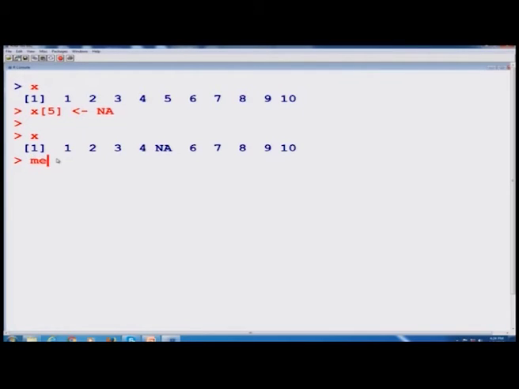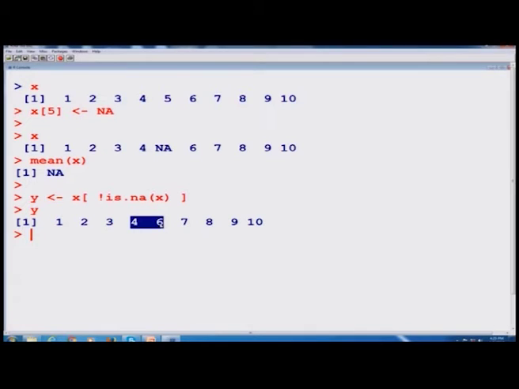Now, if I try to find out the mean of x, what do you get here? No, it is not available, as we have seen. Now, I define another vector y in which I remove these NA values. Now, if you see the y values, 5 is now missing, or NA is missing. Now, if you try to find out the mean of y, you get this.